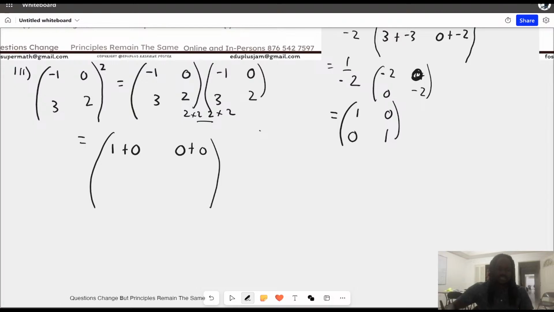So 3 times negative 1, that's negative 3, plus 2 times 3, that's 6. Then let's go again, row by column. 3 times 0, that's 0, plus 2 times 2, that's 4. So 1, 0, 3, 4.